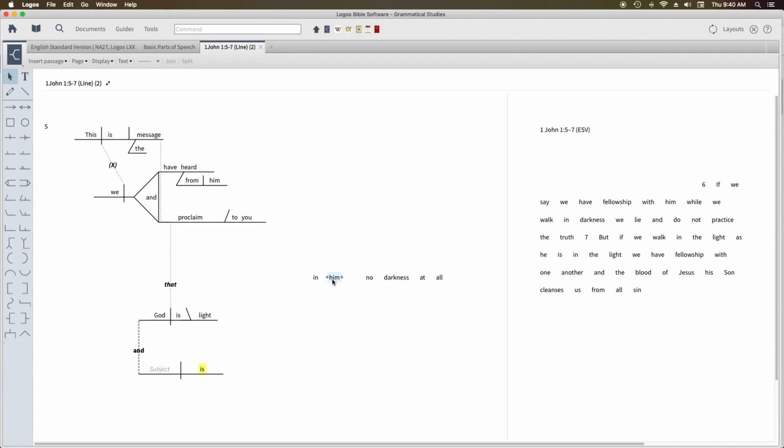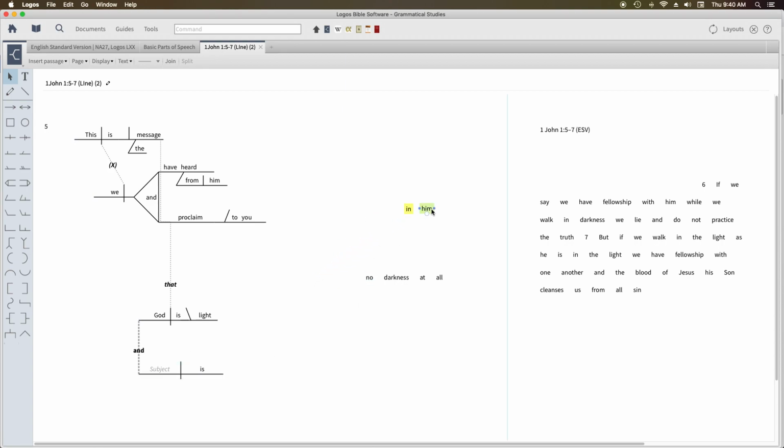Is it him? Is it darkness? Is it all? Is it no? What is it? Well, one of the things you learn is that when you're finding a subject, first of all, you have to eliminate your different types of phrases. Your subject is never going to be in a prepositional phrase, so we can eliminate that.